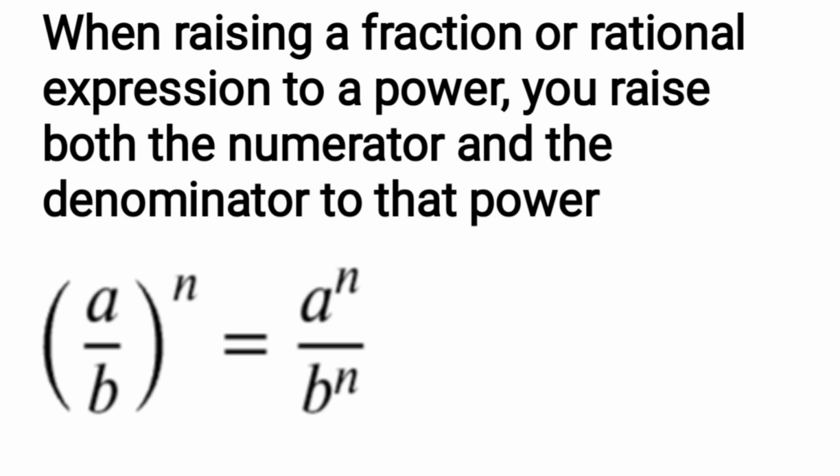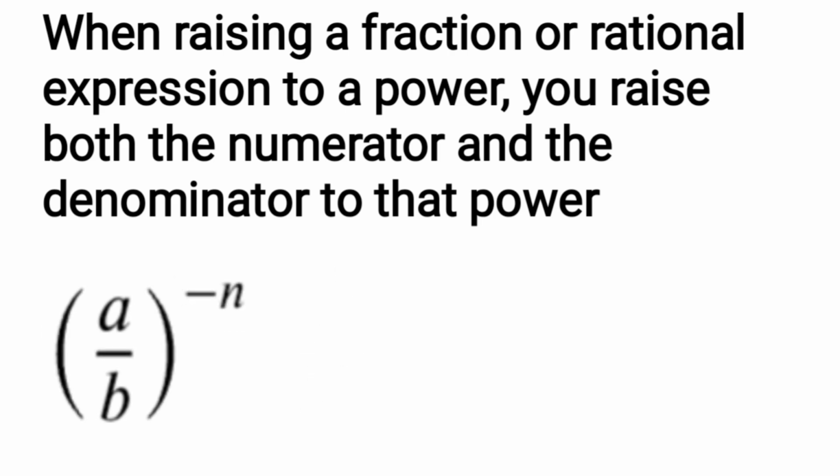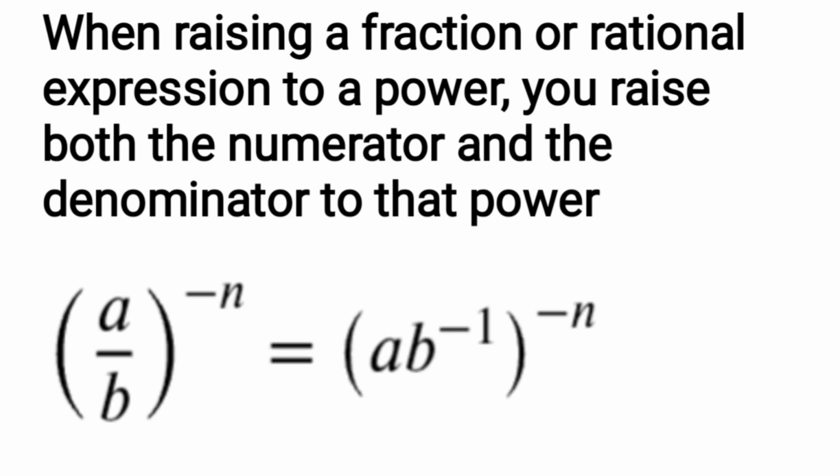If n is negative, here quantity a over b raised to the power -n, this must also be equal to a times b to the power -1, raised to the power -n.